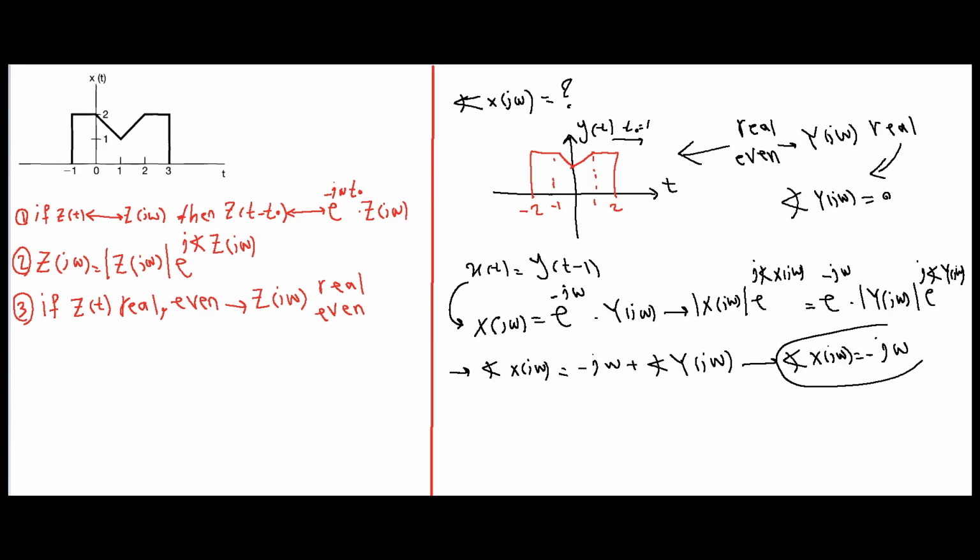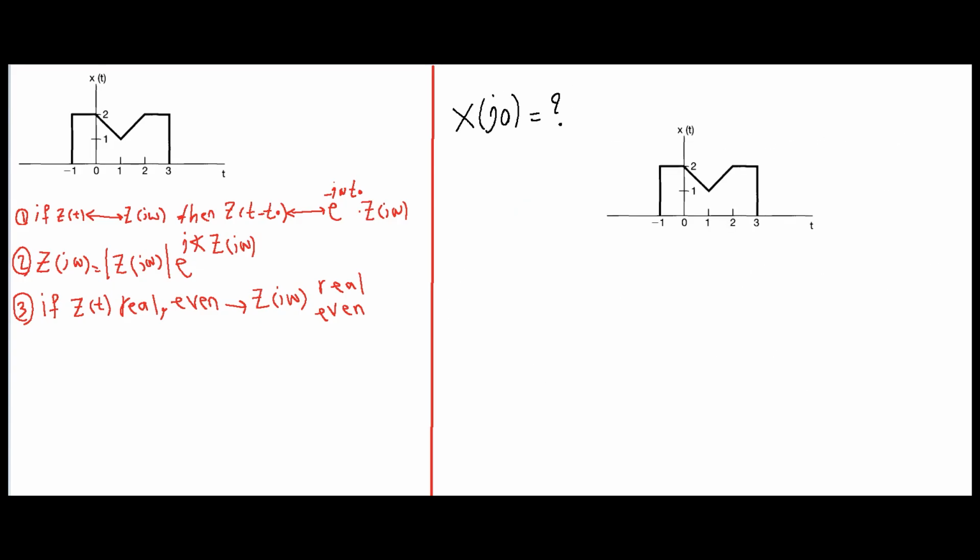The next part of the question asks us to find the value of the Fourier transform at 0 frequency. To do this, we use the definition of the Fourier transform X(jω), which is the integral from minus infinity to plus infinity of x(t) multiplied by e^(-jωt).